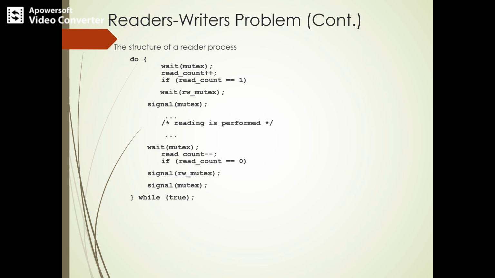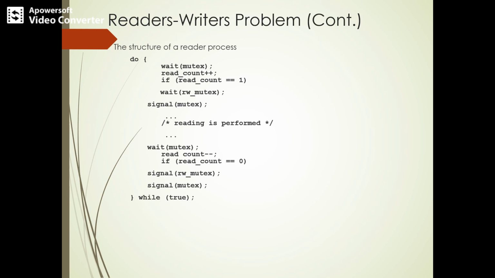First of all, the wait operation is called over the mutex. So there is a mutual exclusion which is set for the process which requires to read, so all the variables are protected. You can observe that in order to update the read count, read count plus plus means there is one item that has to be read.